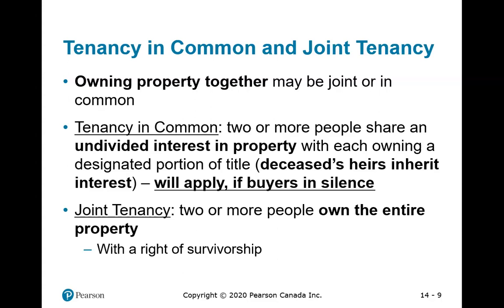It means that my wife owns this part and I own this part. When any of us passes away, our part will go to their heirs. So when I pass away, my part will go to my heirs. So my wife owns that part, and this part, because I passed away, will go to my children. That's tenants in common. The interests, they are undivided.